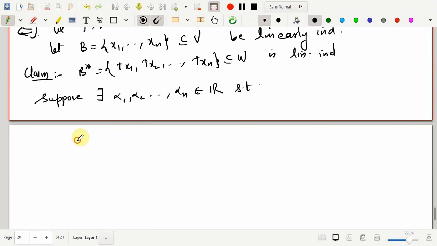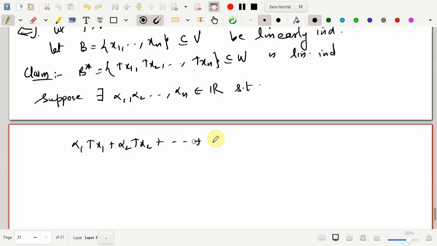So alpha 1 Tx1 plus alpha 2 Tx2, and this goes on till alpha n Txn is equal to the zero vector. Since T is a linear transformation, this can be written as T of alpha 1 x1 plus alpha 2 x2, and this goes on till alpha n xn is equal to 0.